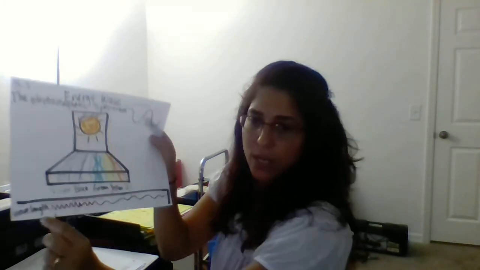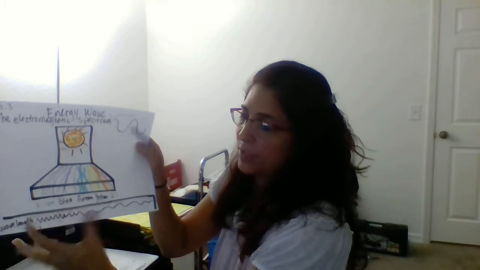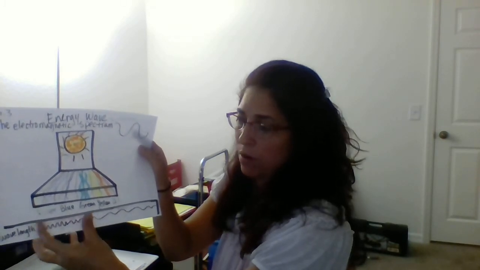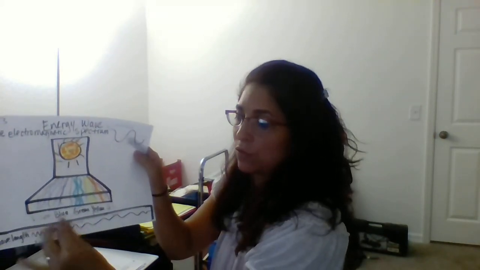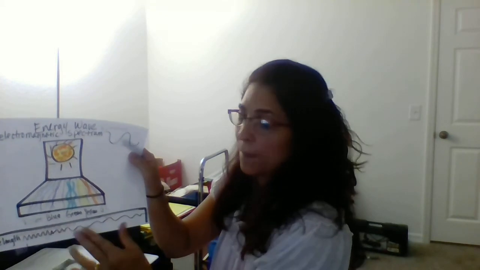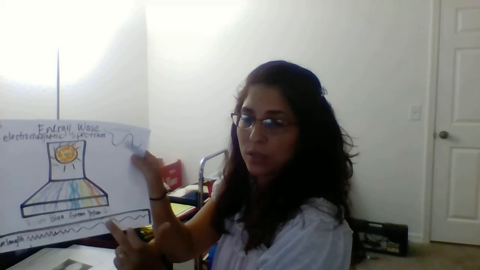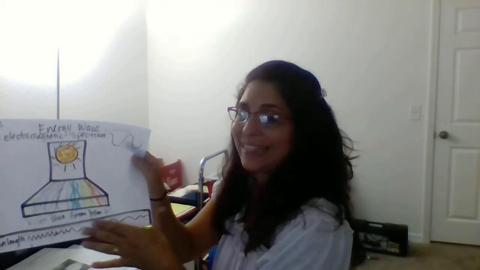What that means, like in the example right here, is that you can see the waves are more stretched and tight together. Therefore, they store a lot of energy. But here you can see that the wavelengths and the crests of the waves are very separate, and so there's less energy there.